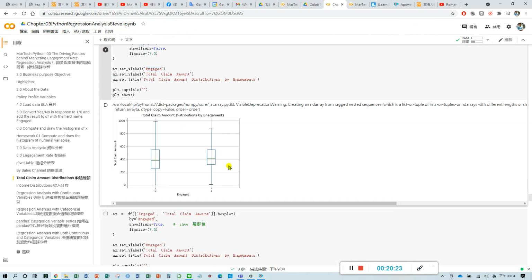Okay, you may see there is a little difference in the average for the total claim amount.